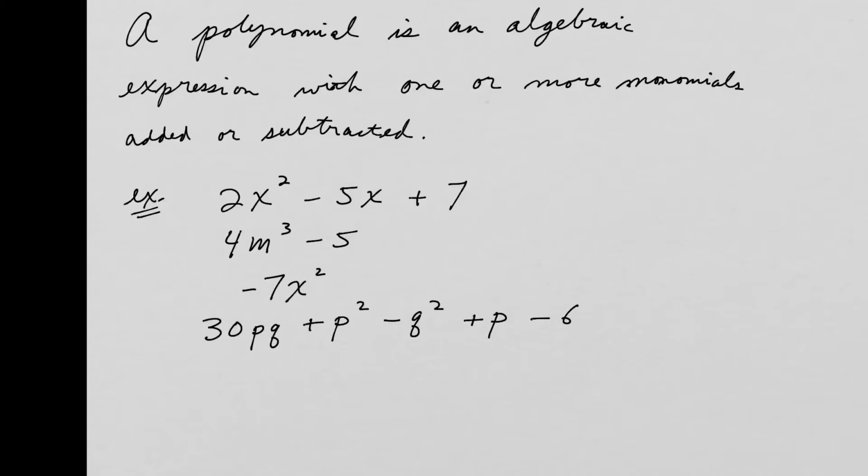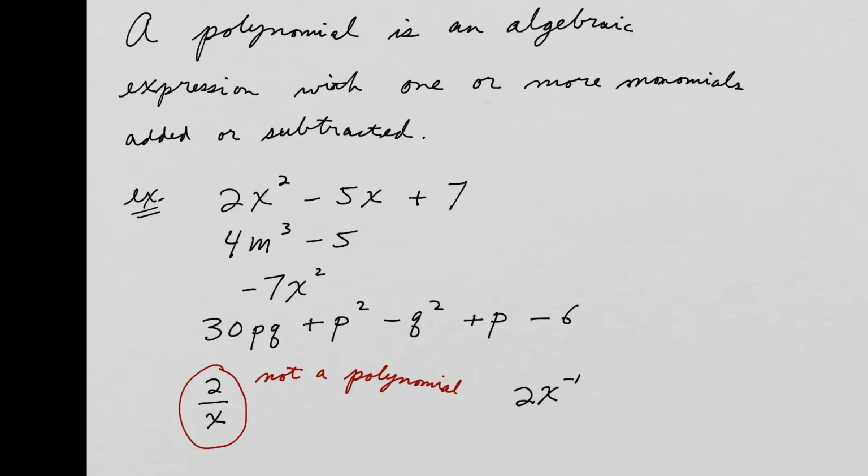But this is not, right? So let me note that here. This right here is not a polynomial. Why is it not a polynomial? Because one way I could write this, I could bring that x, remember we learned this rule, if I bring the x from the denominator to the numerator, it's going to switch the sign of the exponent.